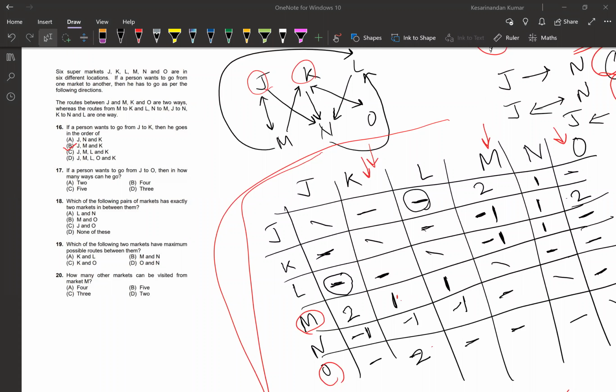Others? Okay, if you have got 17th and 18th correct, move towards 19th and 20th.